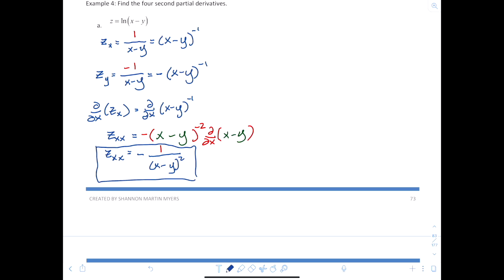How about z_yy? What's that going to be? So now if we do that first partial with respect to y to z_y, that will give us the first partial with respect to y of negative x minus y to the negative 1.